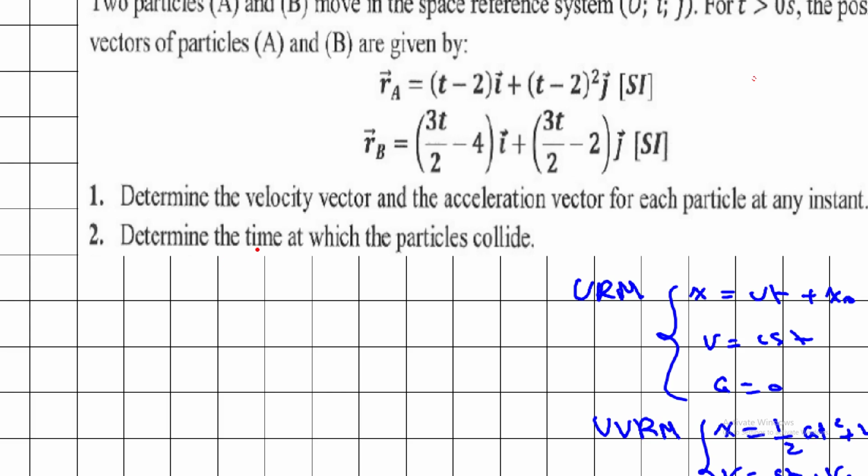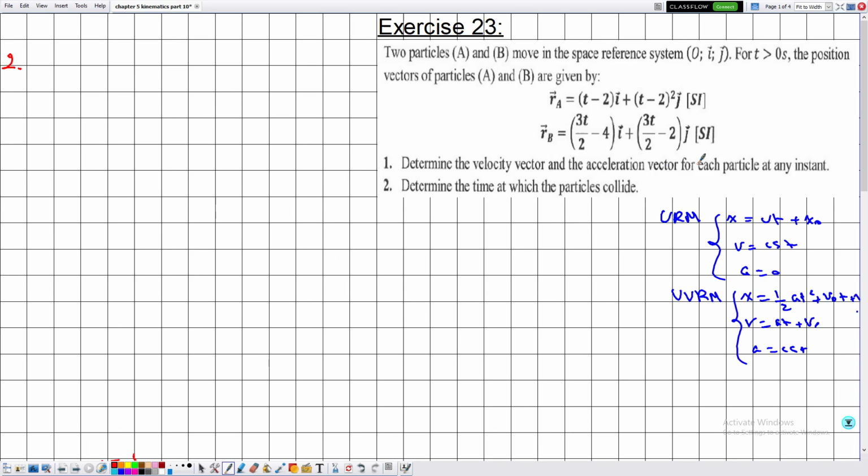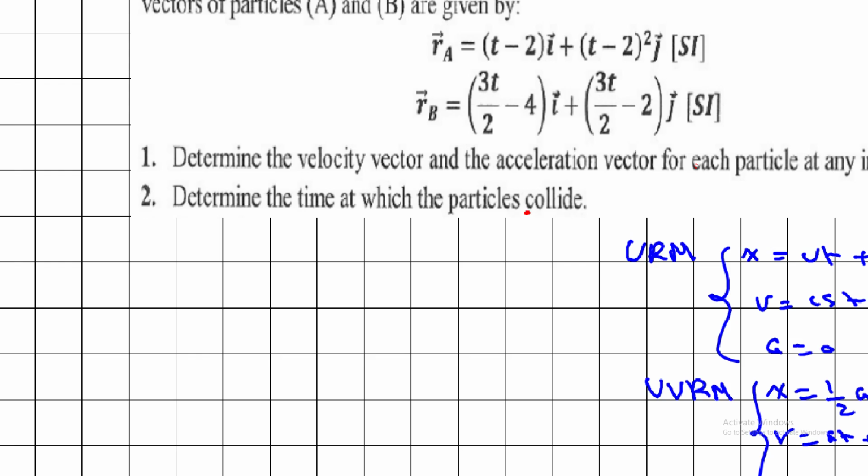So by determine the time we need to find t at which the particles collide. This statement is important and we need to translate it into a mathematical formula or constraint equations that, when we solve them, we will find t, so an equation as a function of t. So what does it mean that the particles collide? The word collide means that they hit each other.